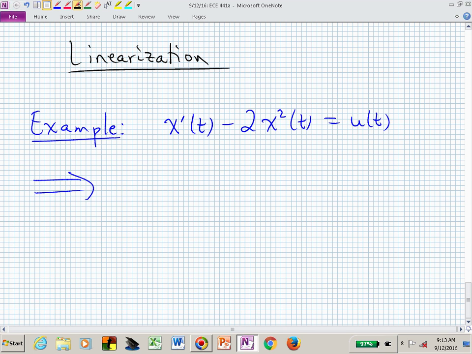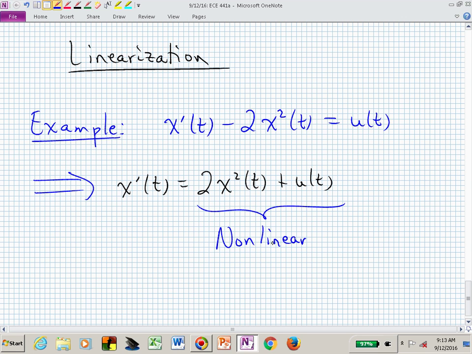If we start to put this equation into that form, then we have 2x squared of t plus u of t, that's now a nonlinear f of x and u. And where is the particular nonlinearity in this case? It's coming about because of that squaring operation, or this product of x times itself. There is our particular nonlinearity.